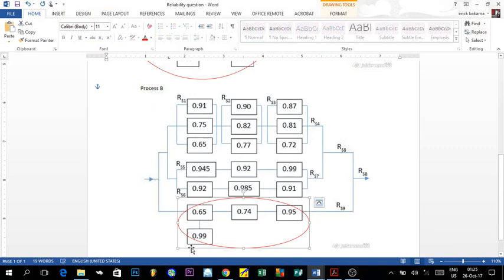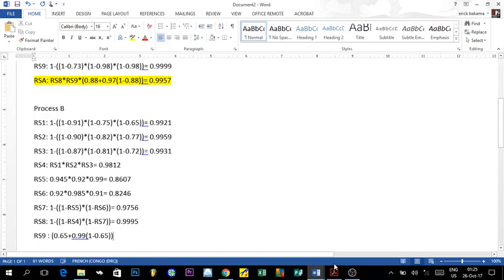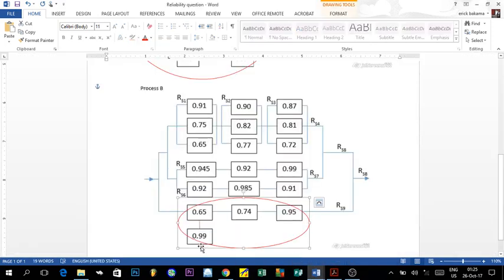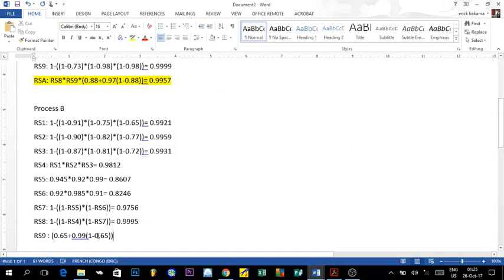This is the main line. It shows you the main component, and the one that is here is the backup. We will use it only when the one of 0.65 doesn't work. The formula is 0.65 plus 0.99 times 1 minus 0.65.